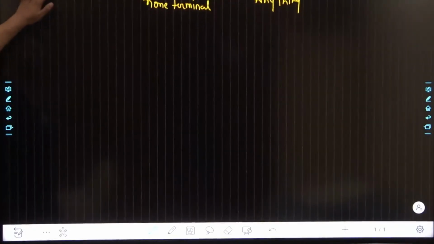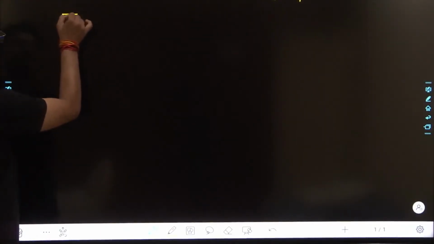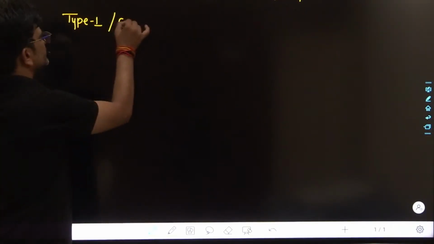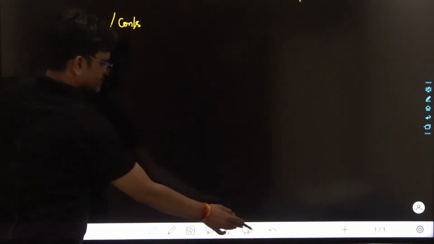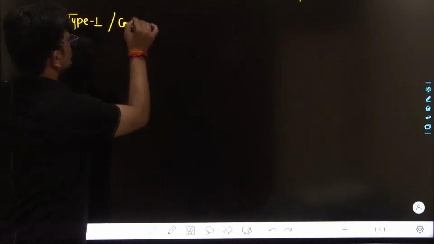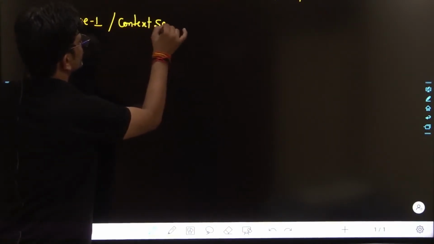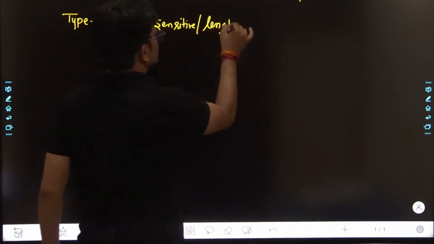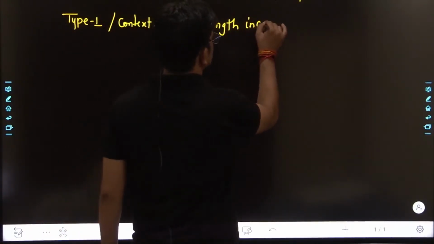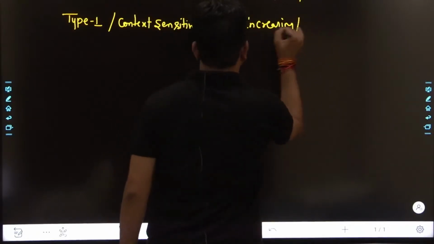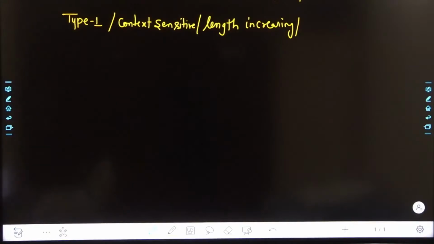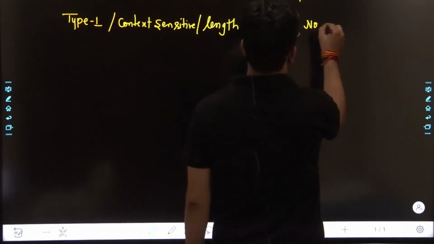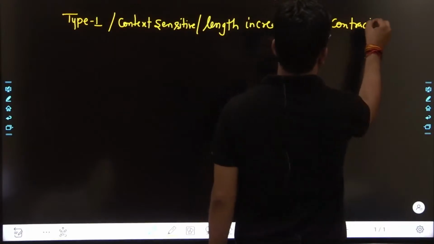Next is type 1 grammar. Type 1 is also known as context sensitive grammar, length increasing grammar, or non-contracting grammar.